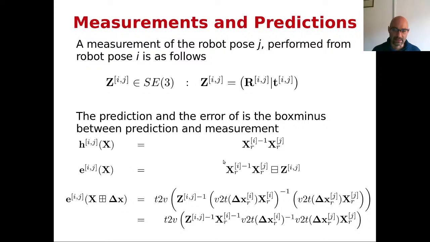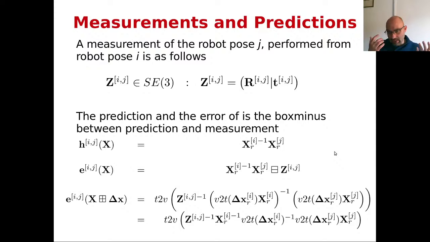Because if this object here is equal to this object here, then taking the inverse of this and multiplying by that gives me the identity. If here I have a, and here I have a to the minus 1, then a times a to the minus 1 gives the identity. Okay?